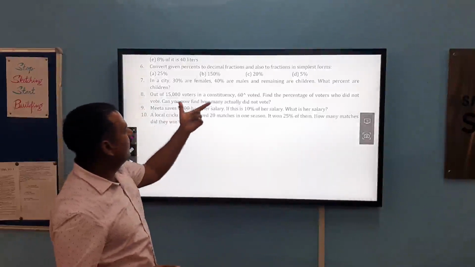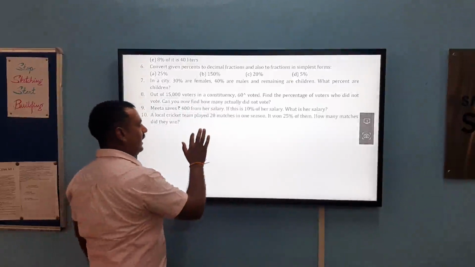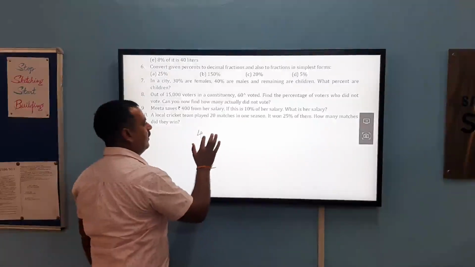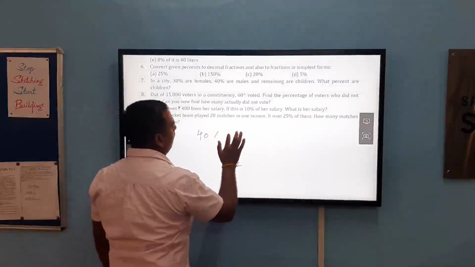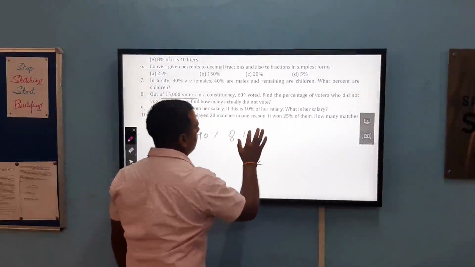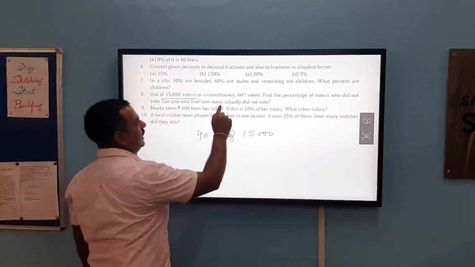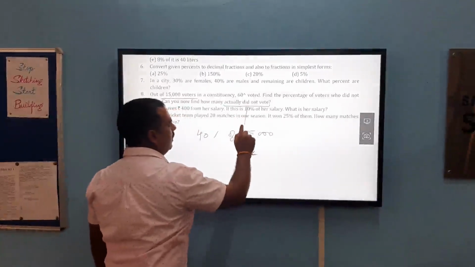Now can you find how many actually did not vote? So we find 40% of the total, the total voters being 15,000, are the voters who actually did not vote.